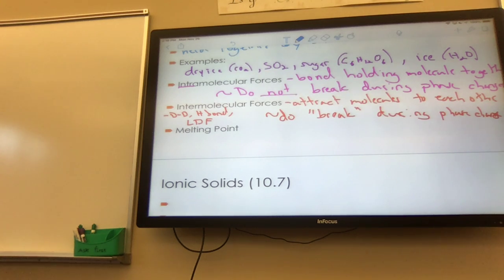How can you identify molecular solids? By the melting point. Okay, what is the melting point? Low. Generally low.